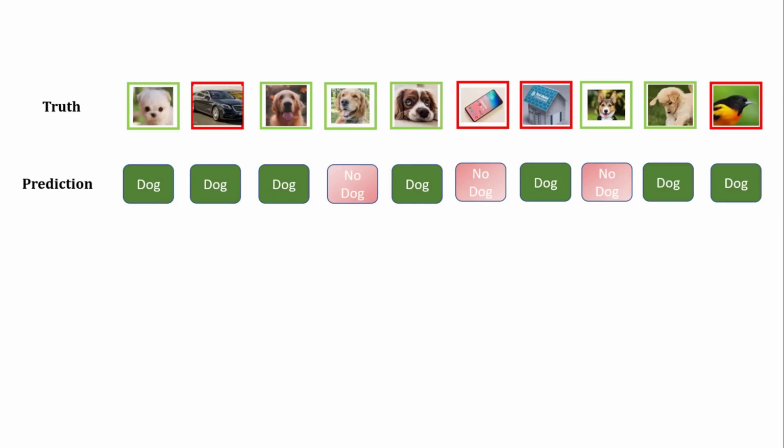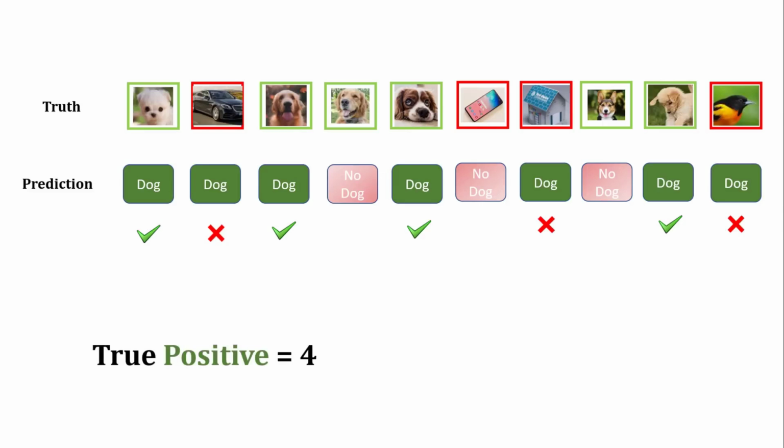Out of those 7, how many of them are correct? Well, 1 is not correct, and this is correct. So you have marked your predictions as correct or not correct for your positive class, which is dog.